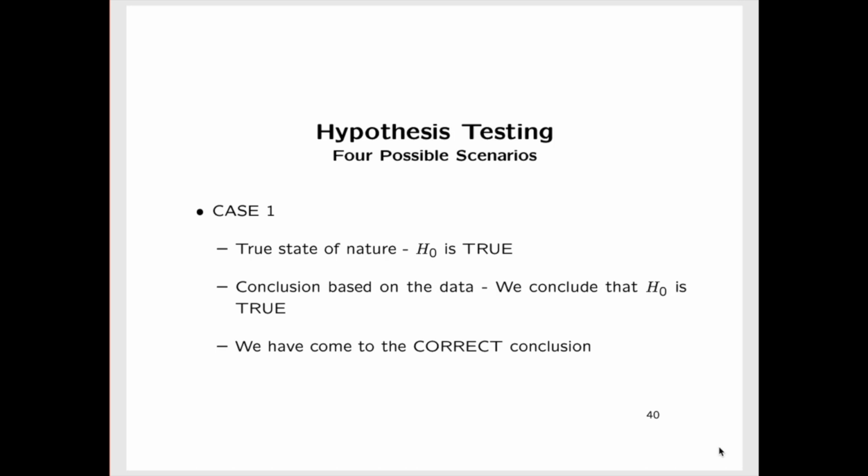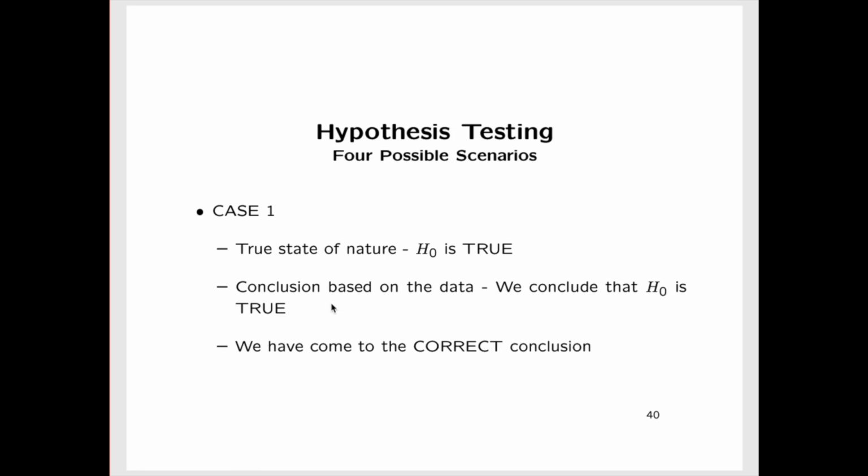And so with that in mind, in making decisions in the face of uncertainty, and in particular via hypothesis testing, there are four possible scenarios that can occur. The first scenario, case one, is that the null hypothesis is in fact true, and our conclusion based on the data is that the null hypothesis is true as well.